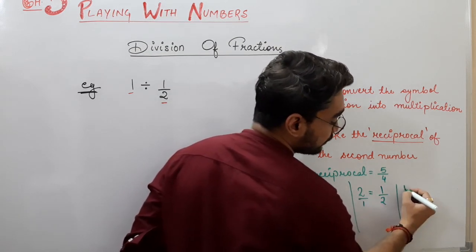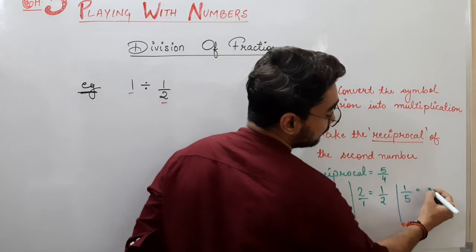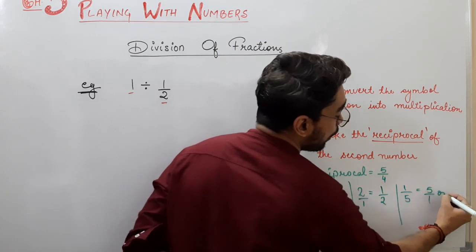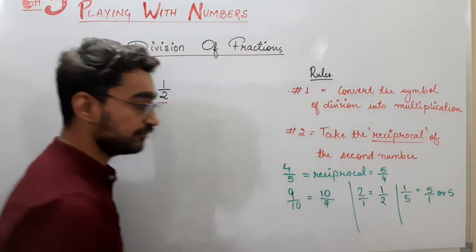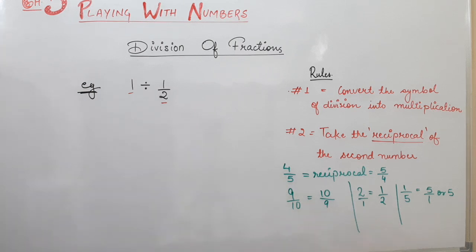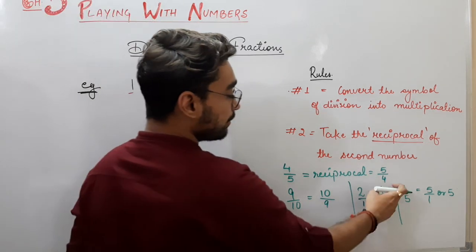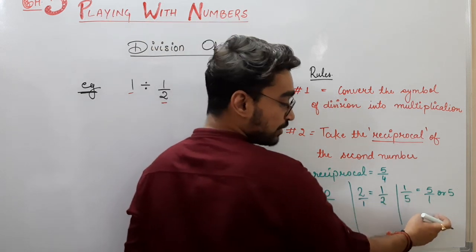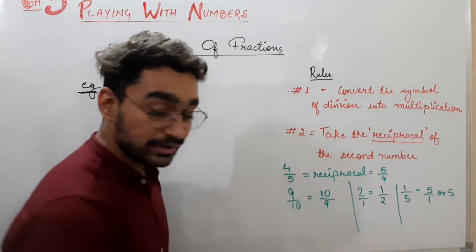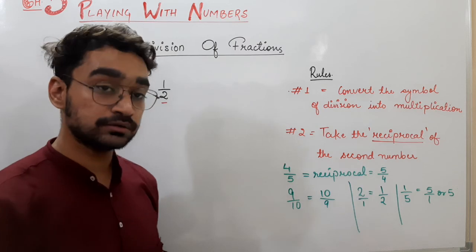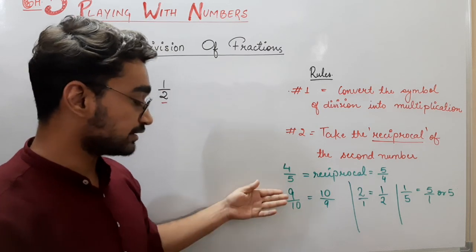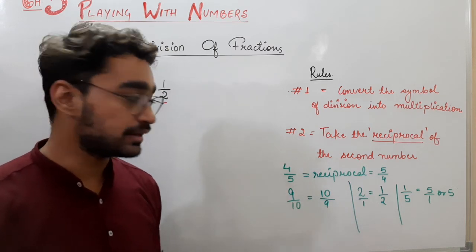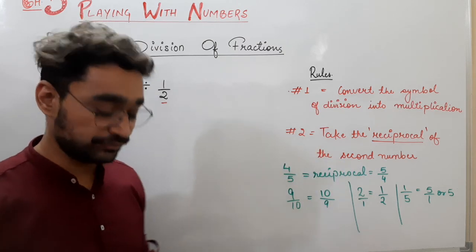If I am asking the reciprocal of 1 by 5, it will be 5 by 1, or we can call it only 5. I hope you can see that part too. So the reciprocal of 9 by 10 is 10 by 9. Reciprocal means just the reverse of that.